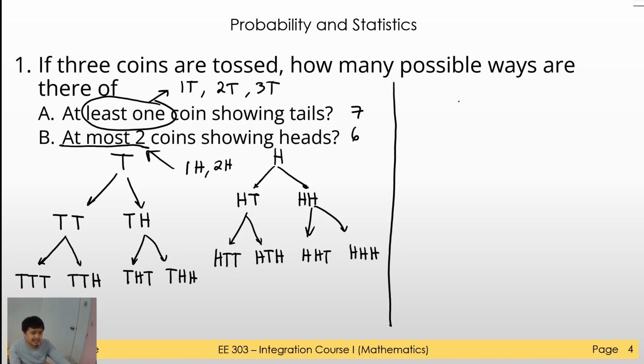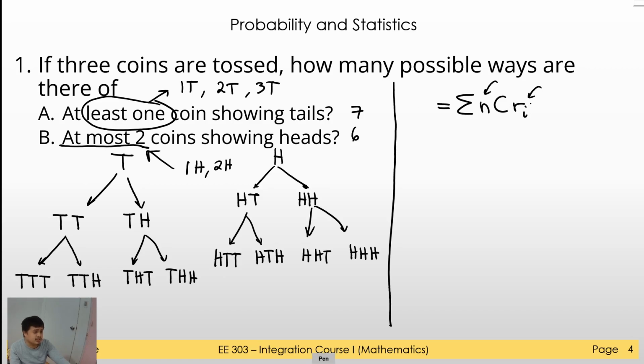So we have a technique to find this count or to count these possible ways. We have just a summation of n combination r, sub i. And usually our n is the number of tossing or the number of coins. The r here will be what we are investigating. So if we have only one tail, r is equal to 1.